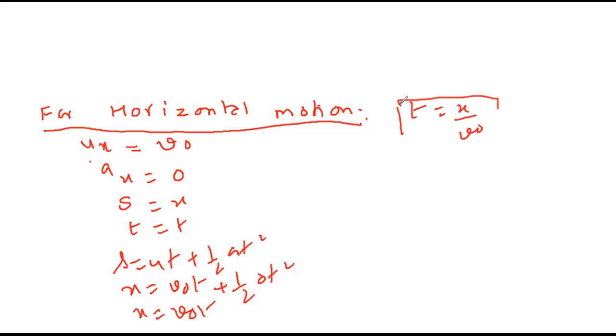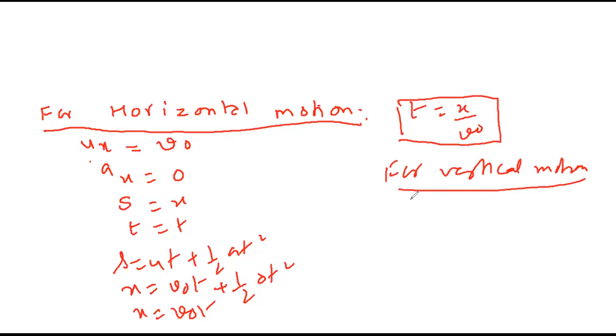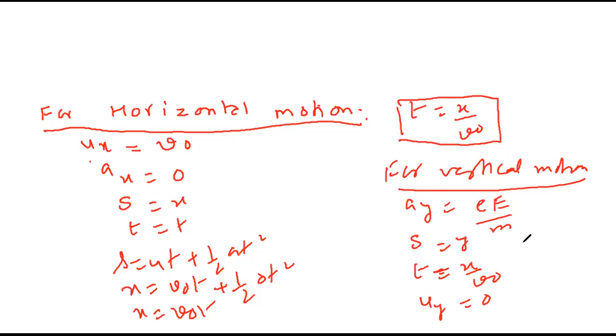In the same time, it will go in the y direction also. So for vertical motion, acceleration is force upon mass, displacement is y, time is x upon v0, but initial velocity along y is 0. Okay, please copy this much.